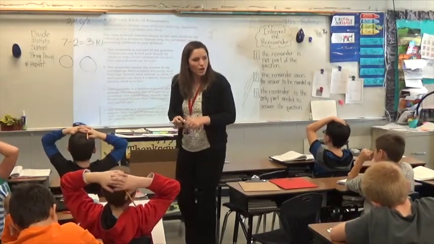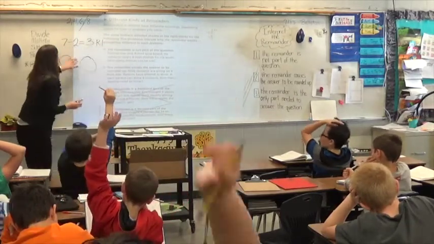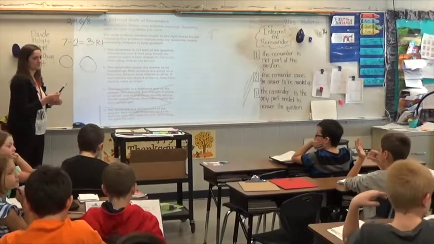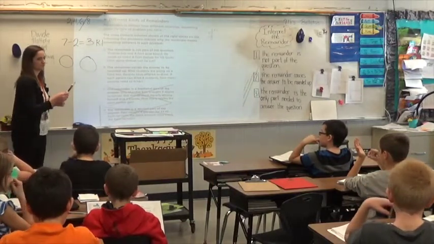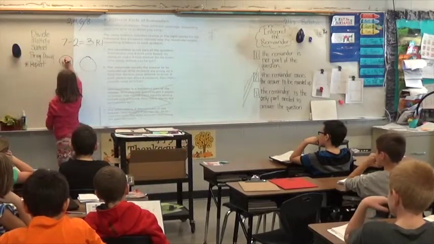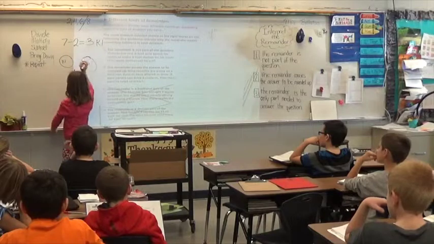Okay. Raise your hand if you can come up here and show me how you put them into the different groups. Ava, come on up. How did you know to put 3?